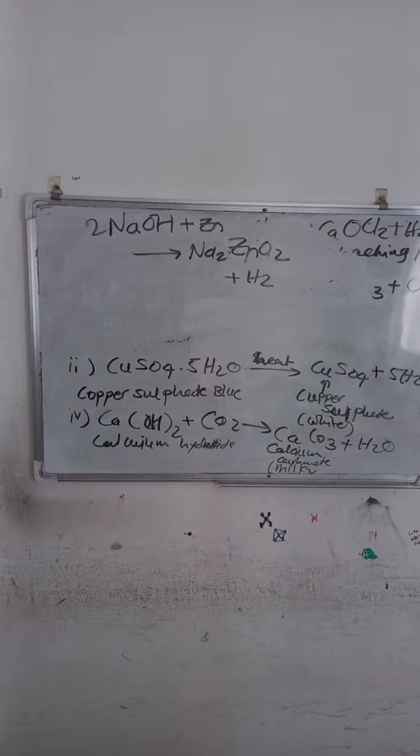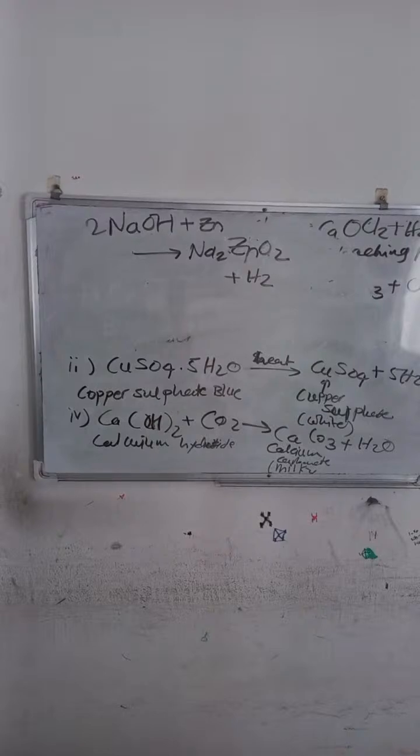Okay, so I'll explain these questions. First is the role of UV radiation in producing the ozone layer. The ozone layer is formed in the upper part of the atmosphere.